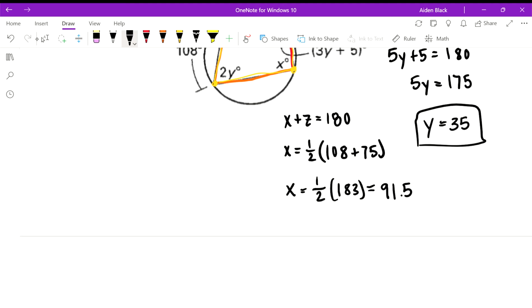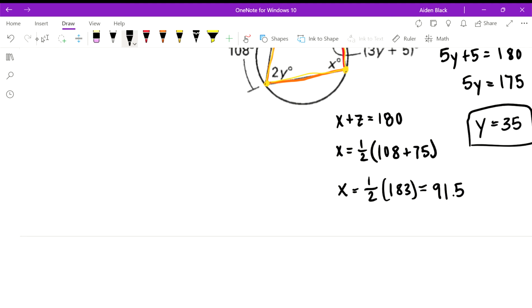So now that we have the value of x, we can plug it in where we have this equation that we know is true. So 91.5 plus z equals 180. Subtract 91.5 from both sides and you end up with z is equal to 88.5. Okay. There we are.